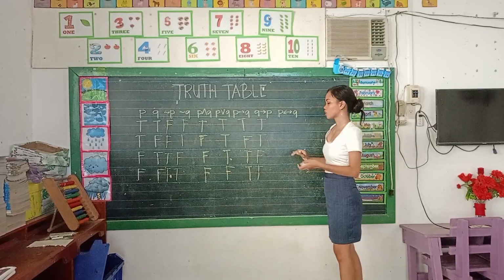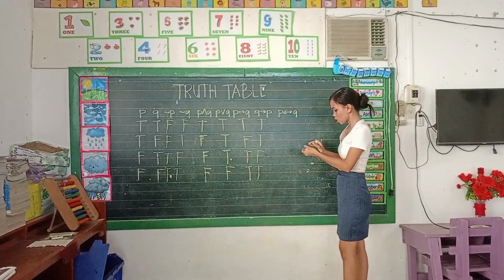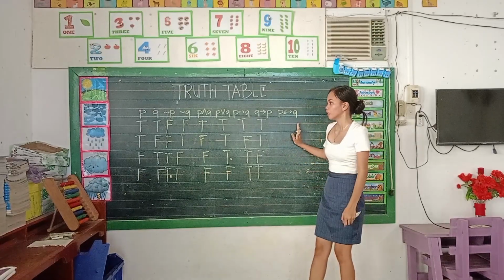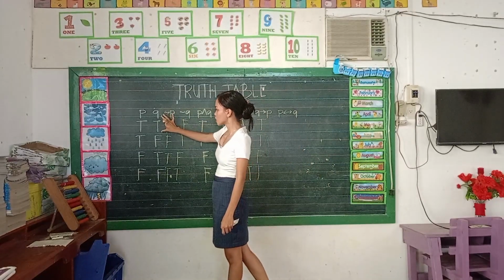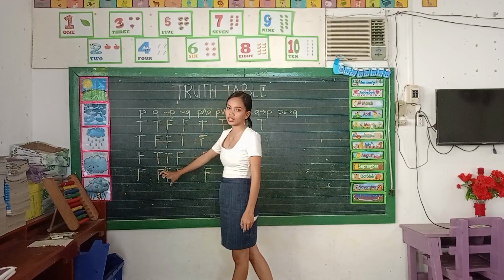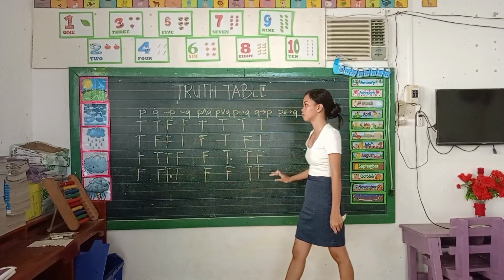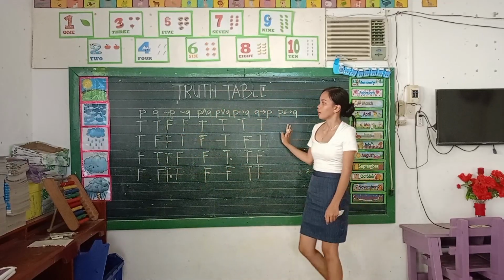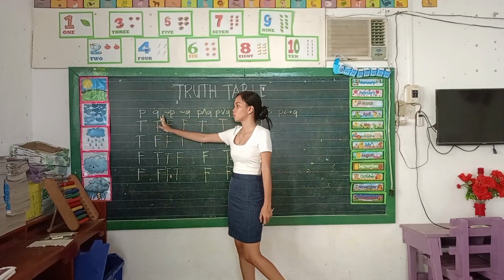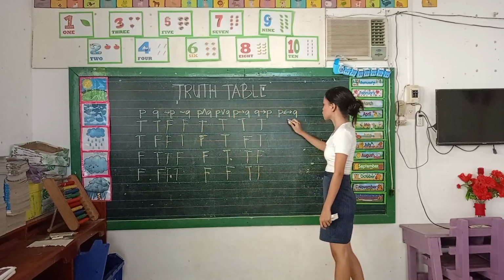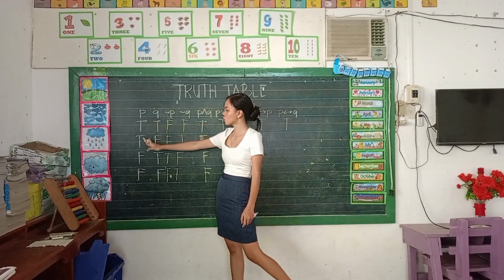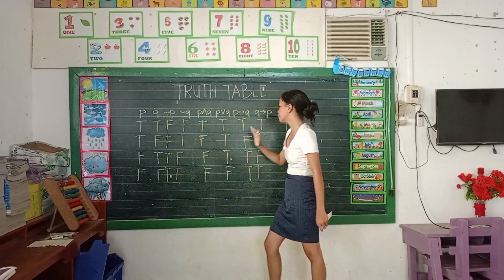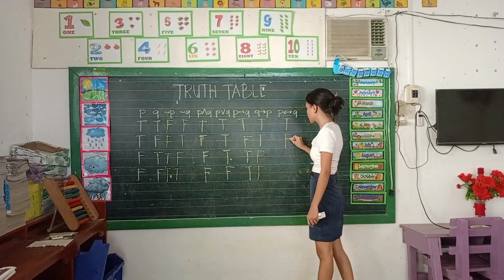Lastly is the biconditional connective. So, this is very simple. You're just going to determine whether the statements have the same truth value. For example, if P is true and Q is true, therefore the result will be true. But if P is true and Q is false, the result will be false.